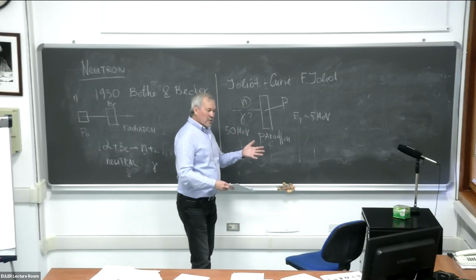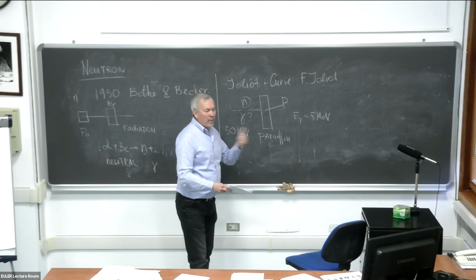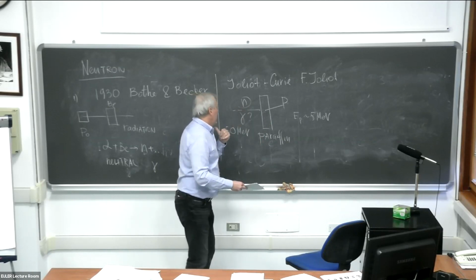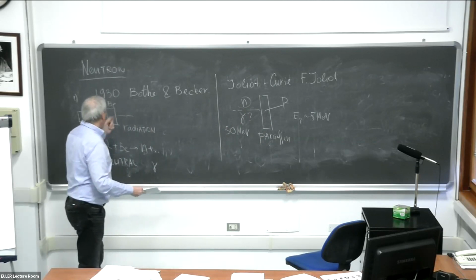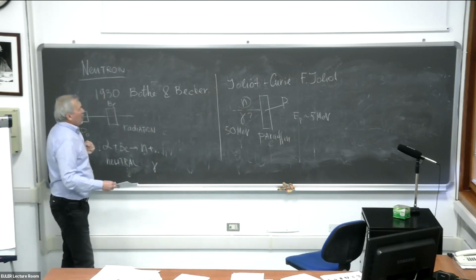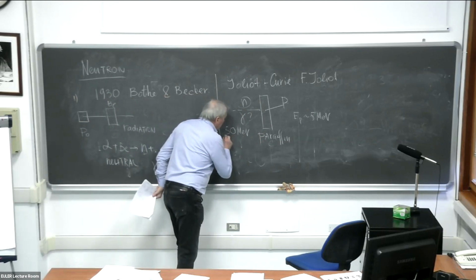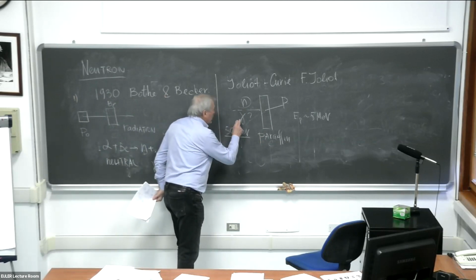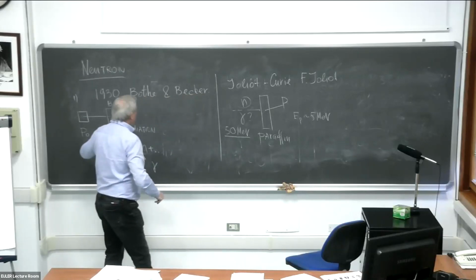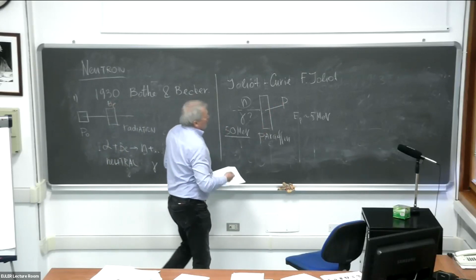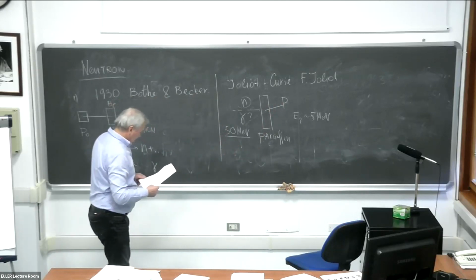So is this something neutral? By that time, people knew that the photon is neutral. So the question is if it is a photon emitted by this interaction of alpha particles with beryllium. But again, simple kinematics gives you that you need too high energies of these photons to produce a proton with kinetic energy of 5 MeV.